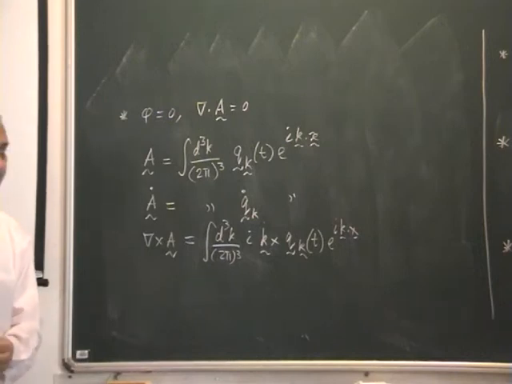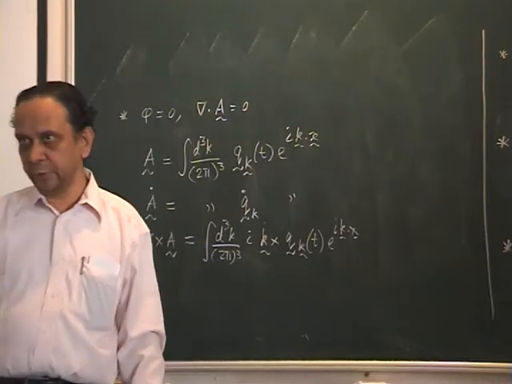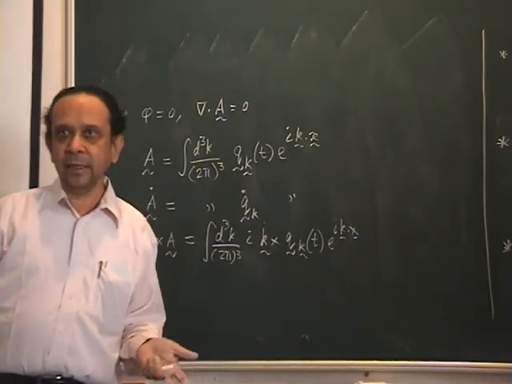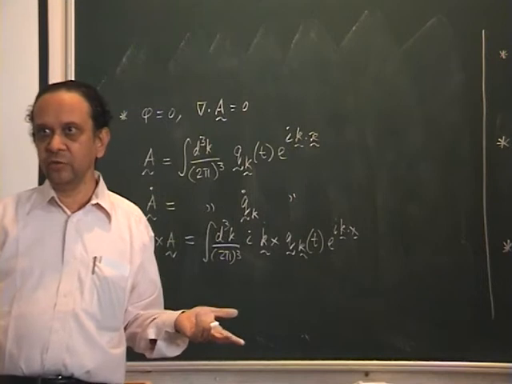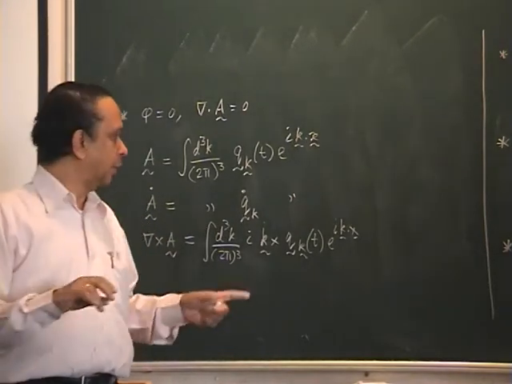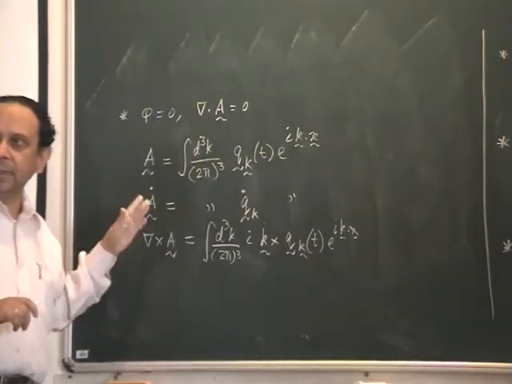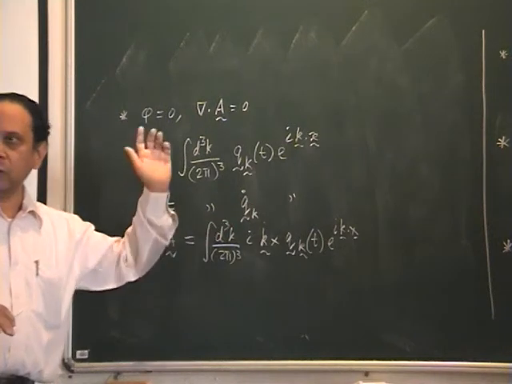Now let us ask what A dot squared and curl of A the whole squared will do. A dot squared is trivial because it is just like phi dot squared. So if you work it out, you will get half |q_k dot| squared. Now for the curl squared, you take another copy of this and take a dot product.